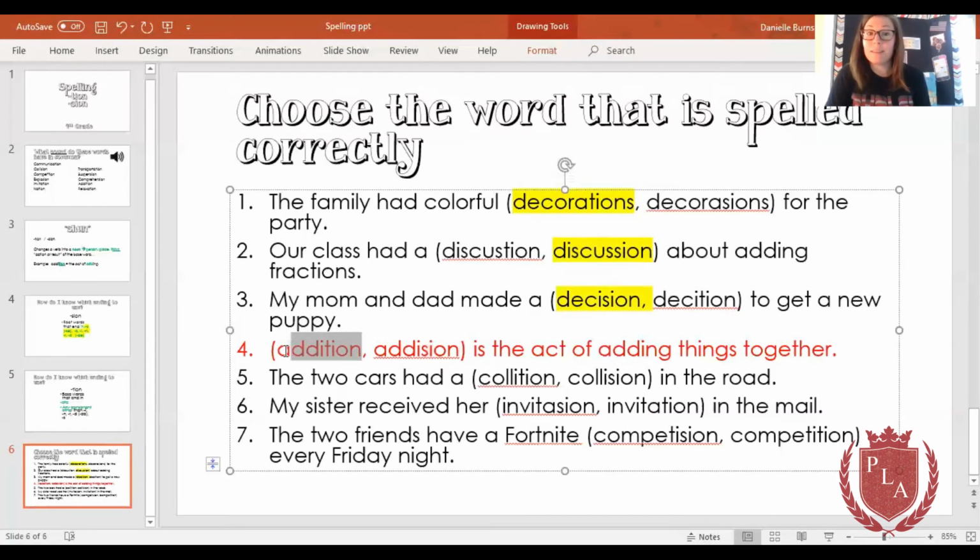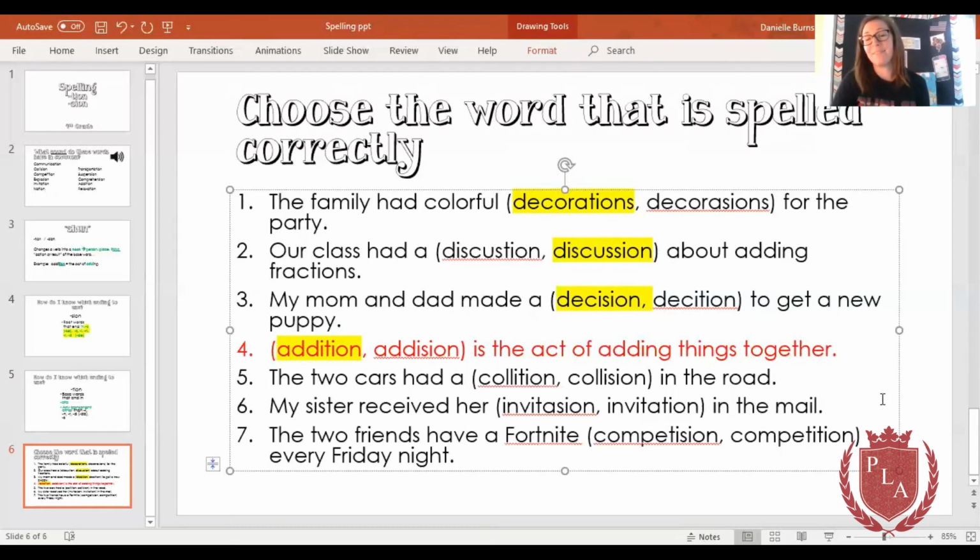The correct spelling of addition is actually T-I-O-N. So this is a word that would be called irregular. It's irregular because it doesn't follow our normal rule for this pattern. That's okay. Sometimes we find words that don't follow our patterns. But luckily for this word, you've probably seen this word so much during your math time that you probably already knew how to spell this word. So this will just have to be one that we remember that it doesn't follow our pattern.